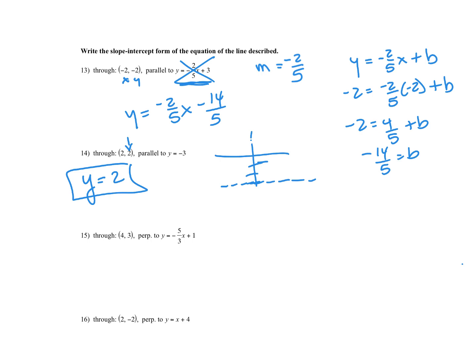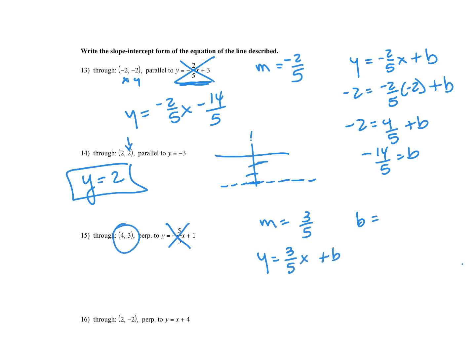Now we've got two that are perpendicular. And the same as up there, you have to find the slope. So the slope here would be the opposite reciprocal. So the slope would be 3/5 positive. And now we don't need this guy anymore. And we have to find the b. So we have y equals 3/5 x plus b.